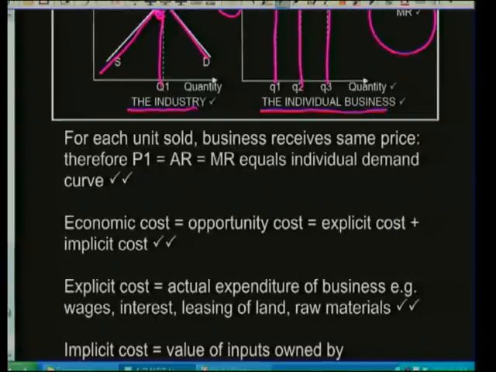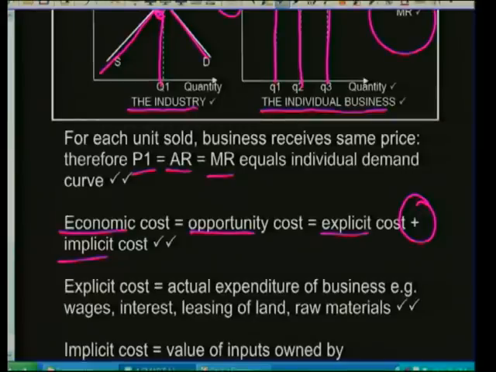The discussion on this is that for each unit sold, the business receives the same price. Therefore, P1 equals AR equals MR. The economic cost is the same as opportunity cost, and it's also equal to explicit cost plus implicit cost. Explicit costs would be those costs that you can clearly see are involved in the production of the product, and implicit costs would be those things that are not directly related to the production of the product.